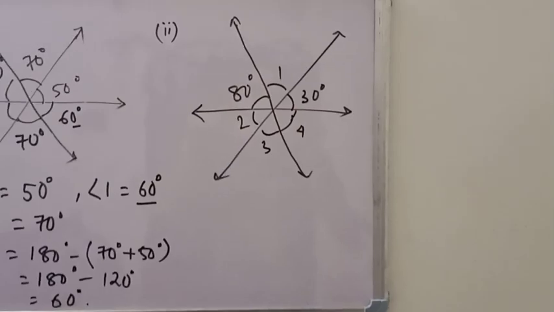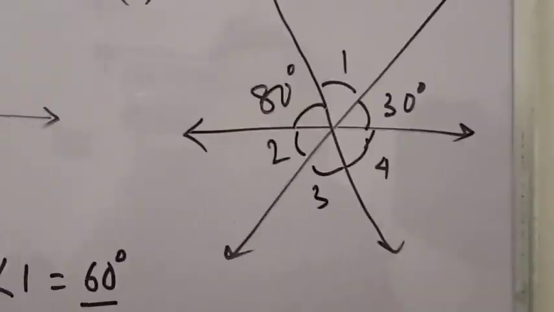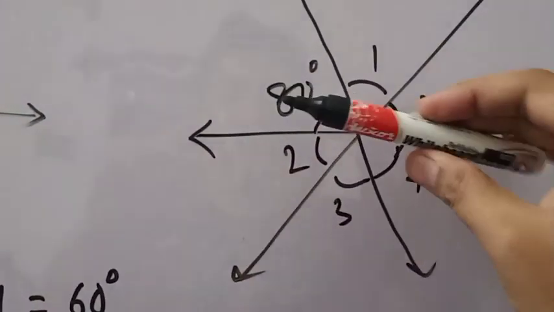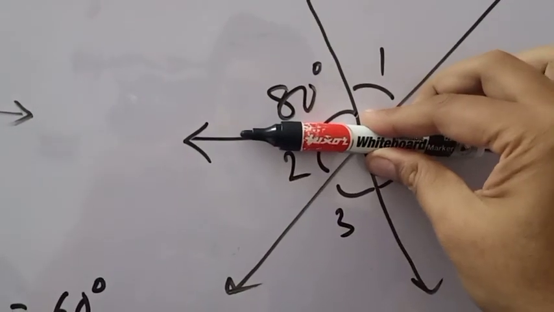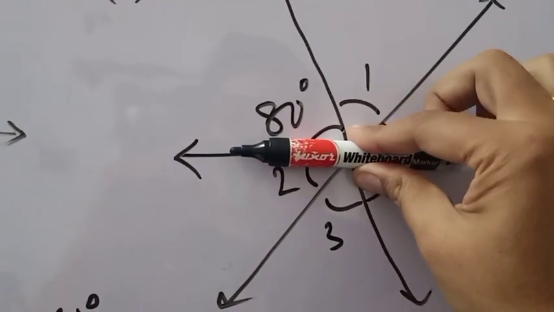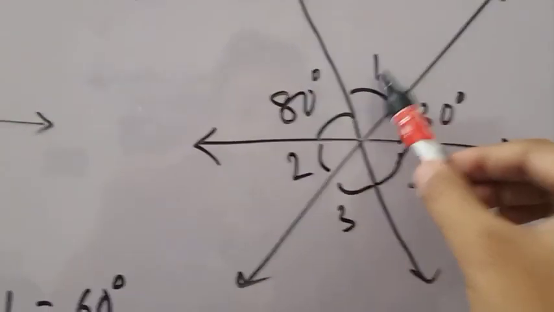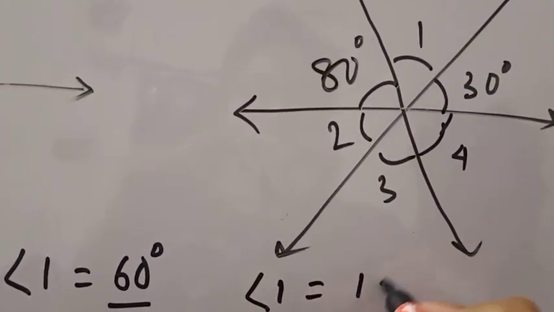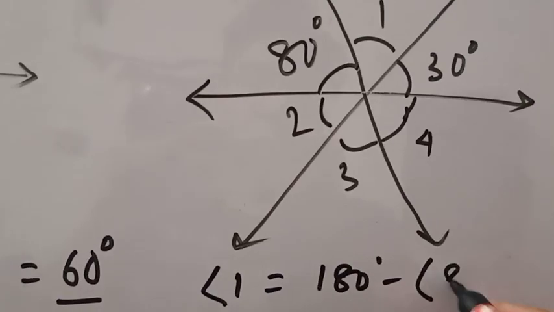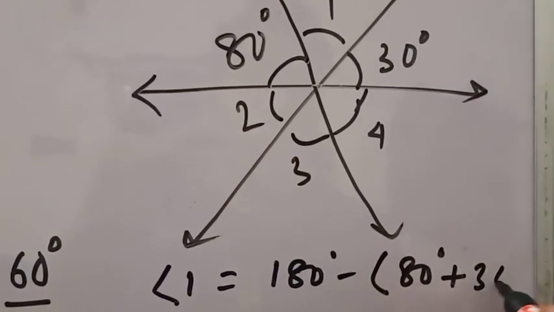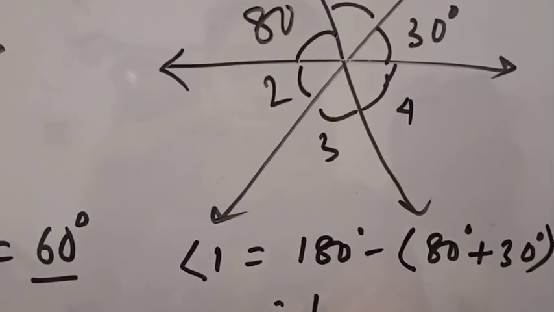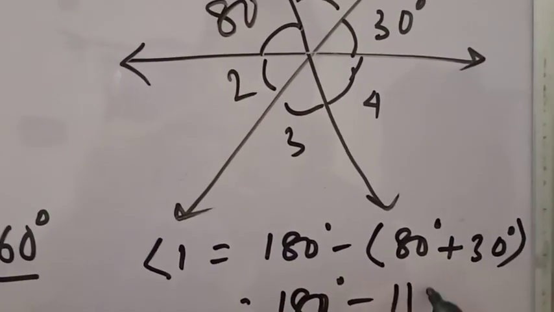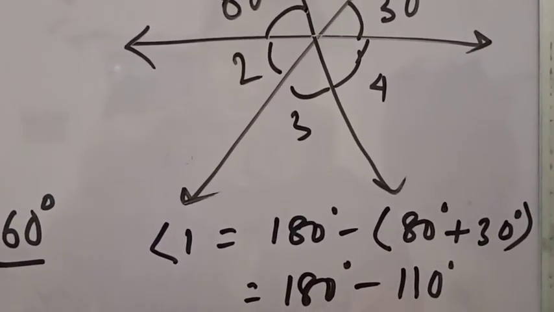Now the second one, see that in the straight line given, this is 80, 30 and 1. So that means angle 1 equals 180 degree minus 80 plus 30 degree, that means 180 minus 110, that means 70 degree.